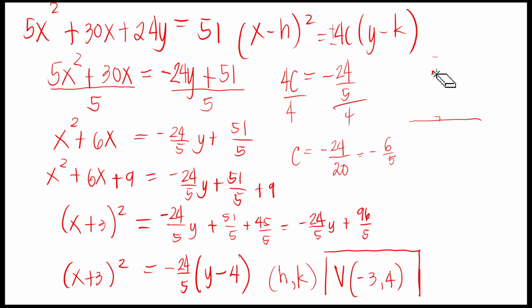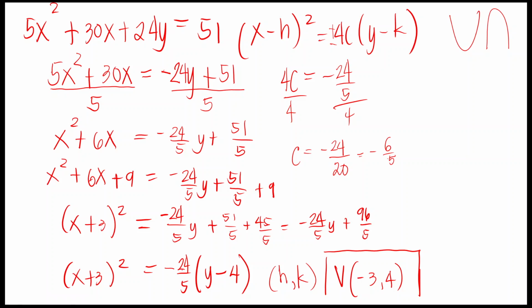Since in the standard equation, or in our result, our equation, yung variable na x, siya yung may squared, the squared variable is x. Then the parabola should open either upward or downward, and it depends if we have a positive or negative 4c times y minus k.